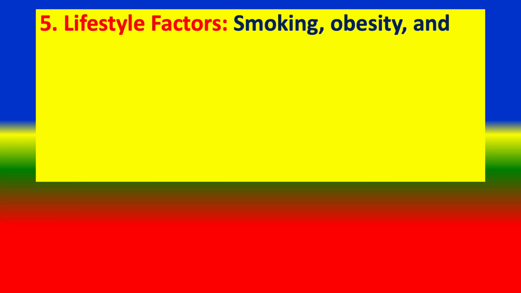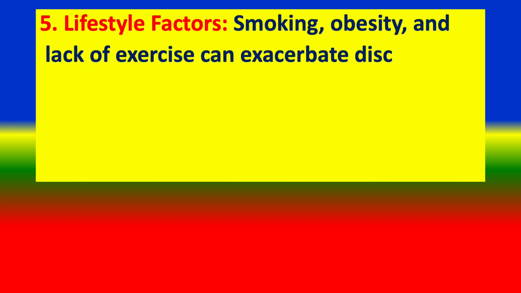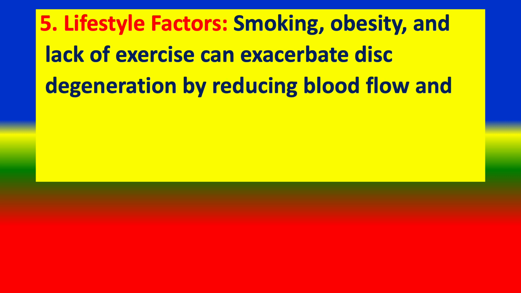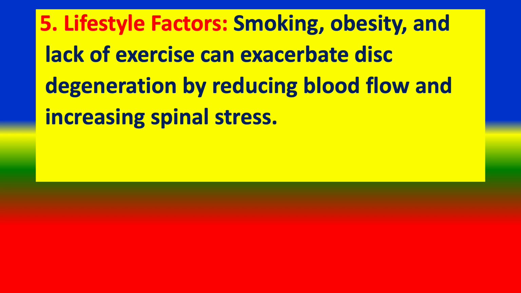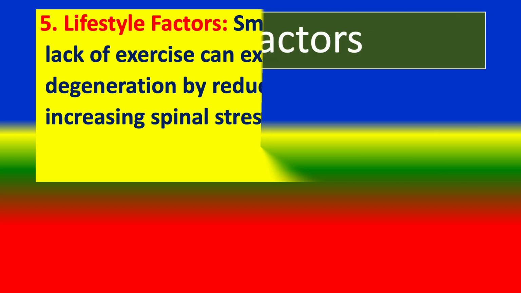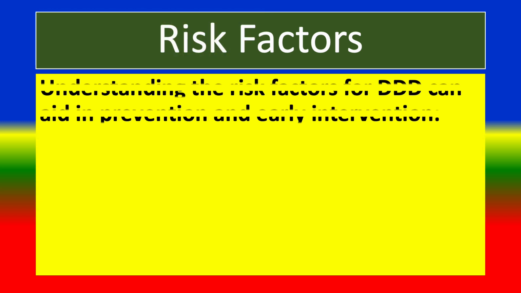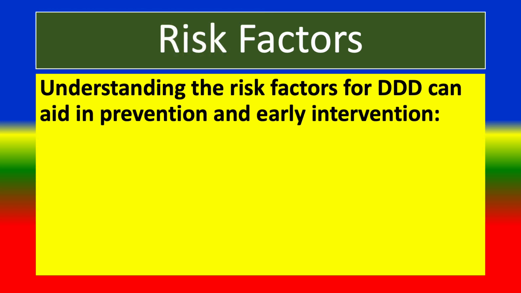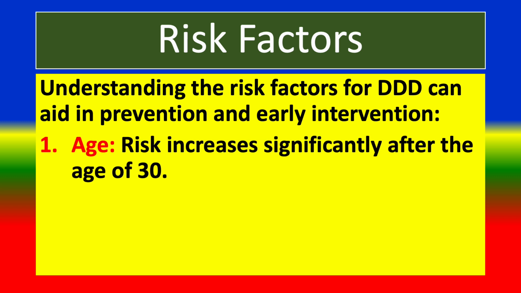5, lifestyle factors. Smoking, obesity and lack of exercise can exacerbate disc degeneration by reducing blood flow and increasing spinal stress. Risk factors. Understanding the risk factors for DDD can aid in prevention and early intervention. 1, age.